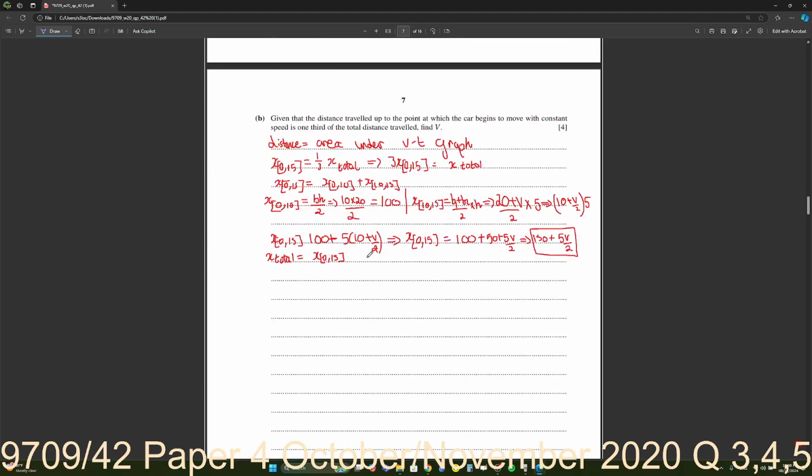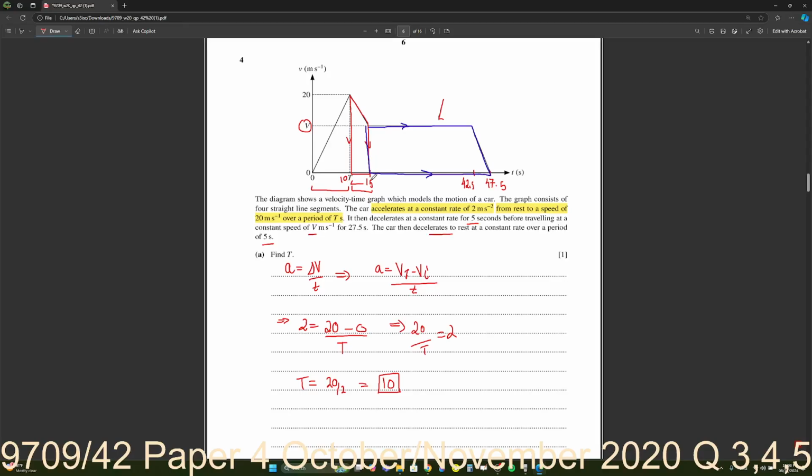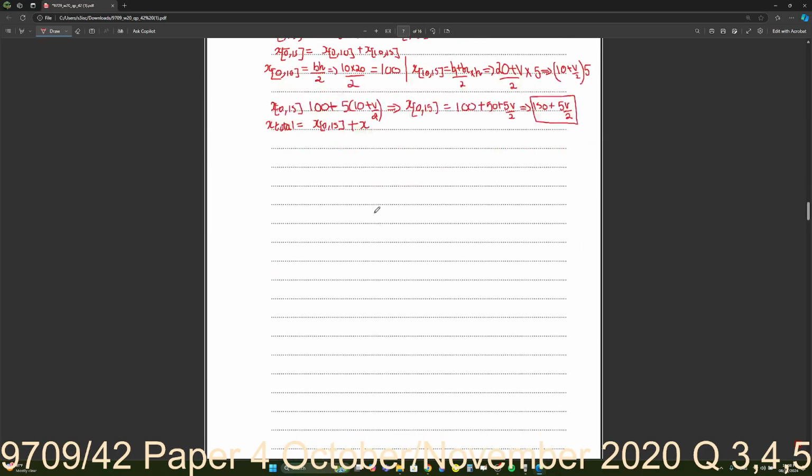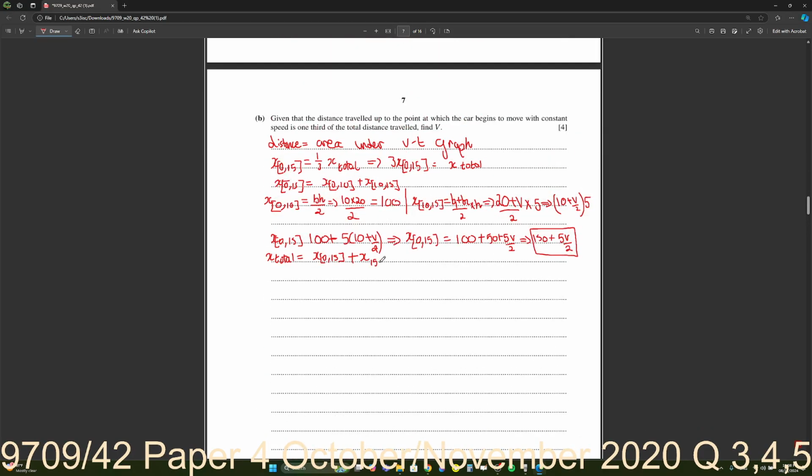So it would be x 0 to 15 plus x from 15 to 47.5. We know how much x 0 to 15 is. Let's find x from 15 to 47.5.